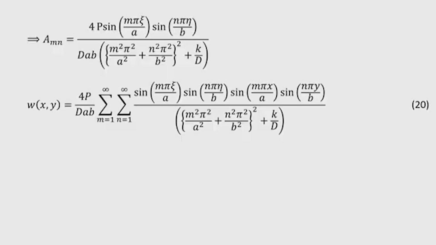So, a_mn is known. After knowing a_mn, we can find the deflection of the plate. A complete expression of the deflection is found. Two sine functions appear, but these are determined by the location of the concentrated load.